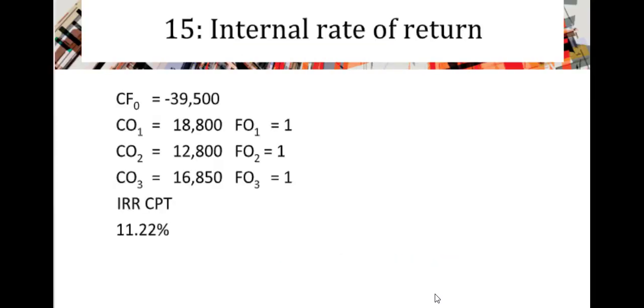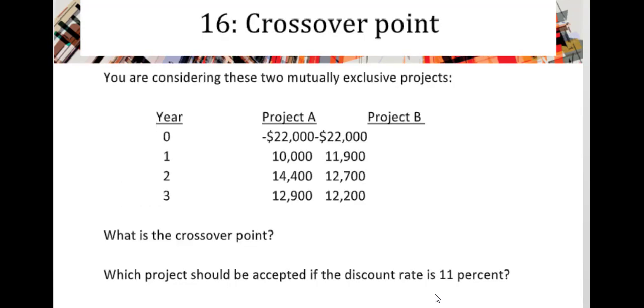And now the crossover point is the point where, if the projects are mutually exclusive, you can accept one but not both of these projects.